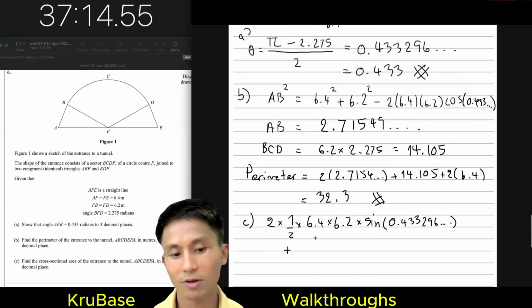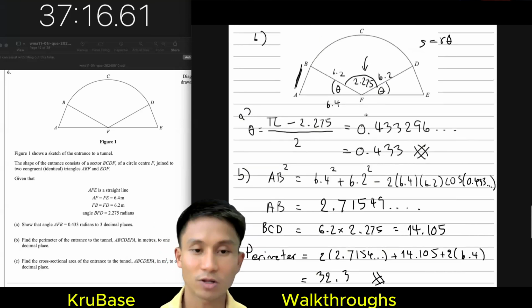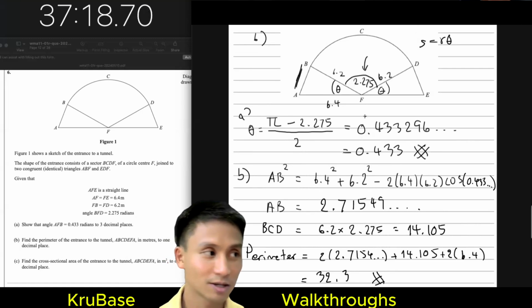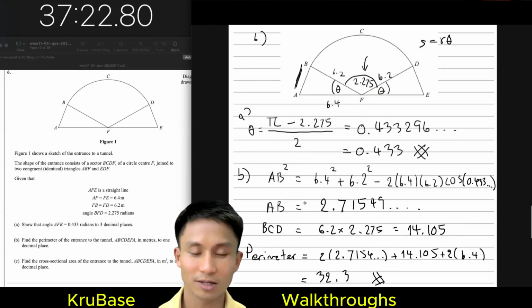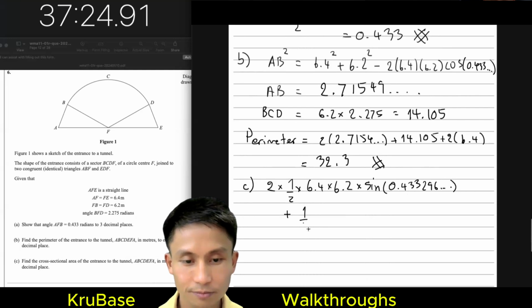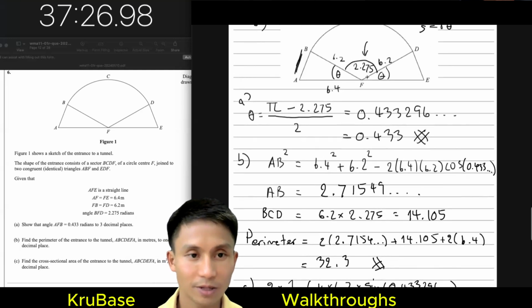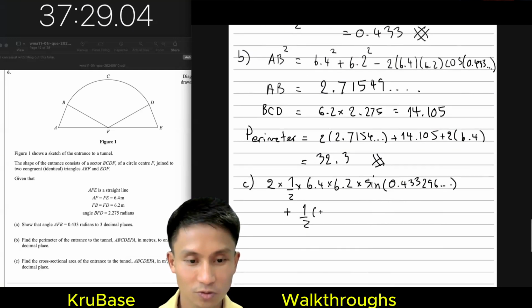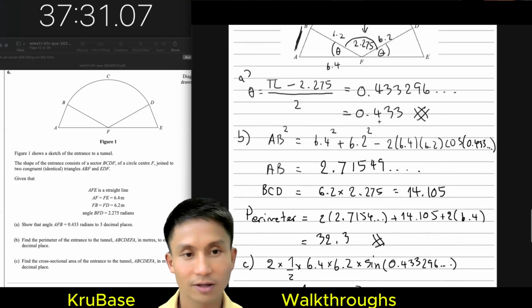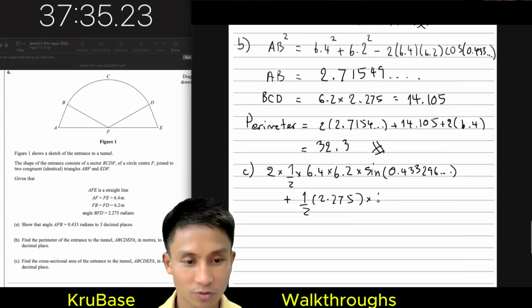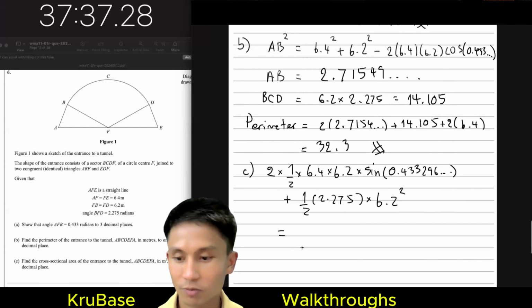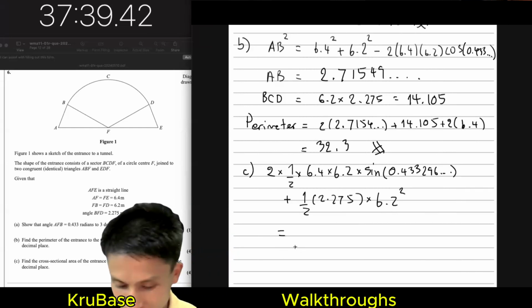Plus the sector area. So the sector area, we can use the formula half times theta R squared. And theta being 2.275. And then R squared, R is 6.2. And I'm going to put all that into my calculator.